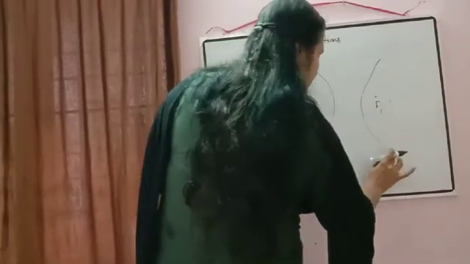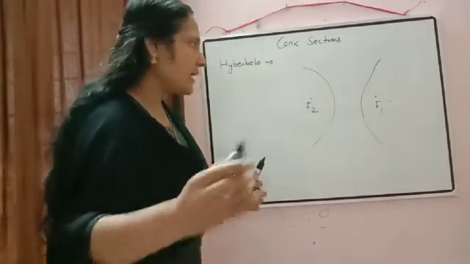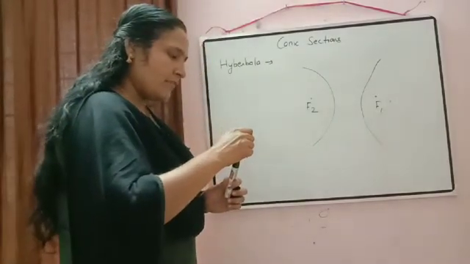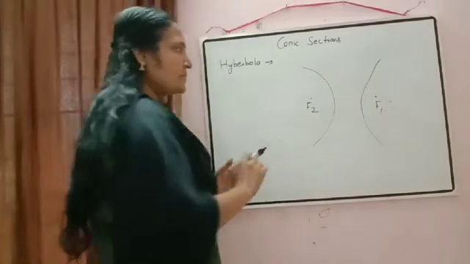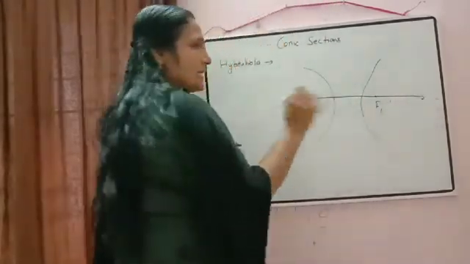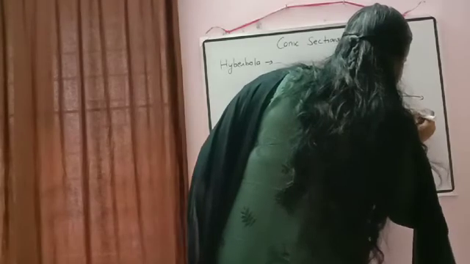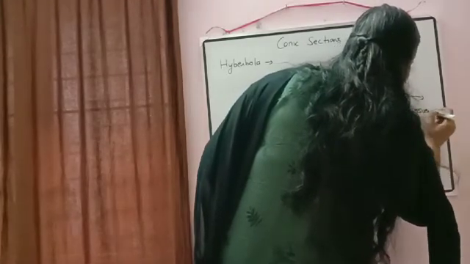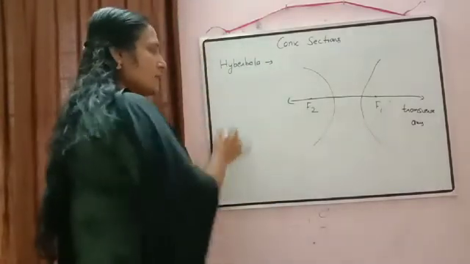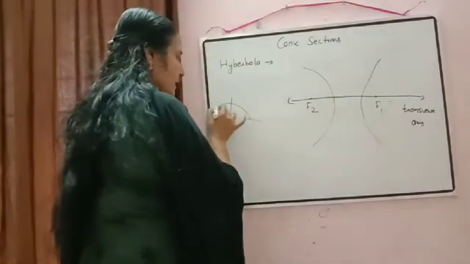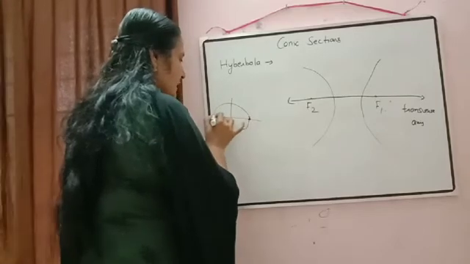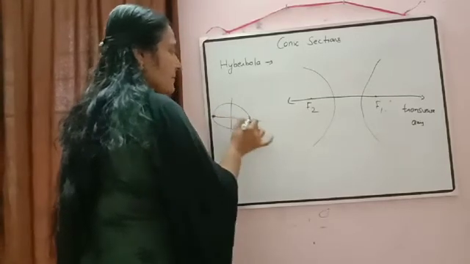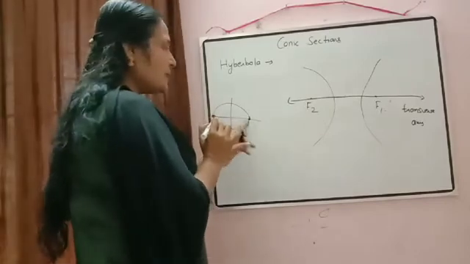Now as we did in ellipse, the line segment passing through the foci, in that case we called it the major axis, but here we will call it the transverse axis. And in ellipse, length of major axis means where the ellipse intersects the major axis.